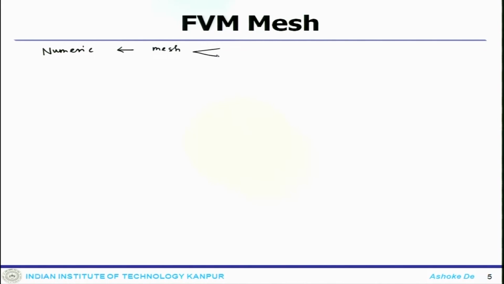The mesh could be of any type: structured, unstructured, multi-block, or single block. It all depends on the complexity of the geometry and what kind of mesh you require, but essentially the underlying system is that mesh. Once you get the mesh, your numerics is going to act upon it.